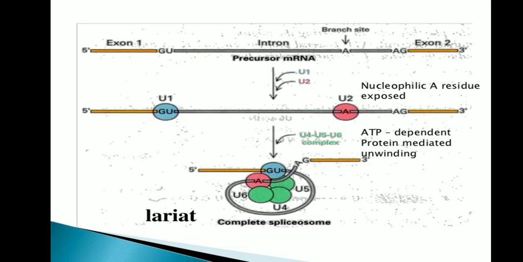So U2 snRNA has a sequence complementary to the branch sequence. The binding of the U2 snRNP requires ATP hydrolysis and commits the pre-mRNA to the splicing pathway. Following the complex E, the complex B1 is formed when the trimer containing the U5, U4 and U6 snRNP binds. So this complex is regarded as a spliceosome because it will cleave this.